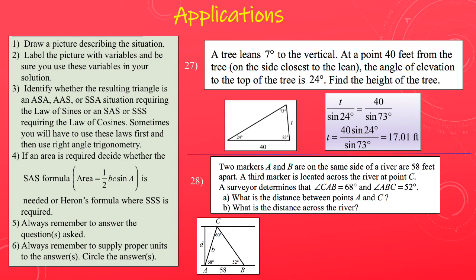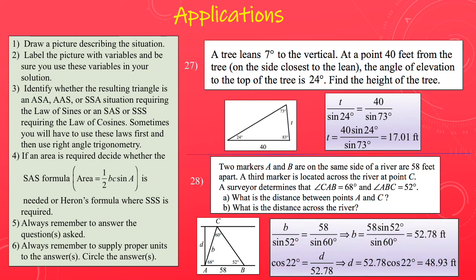We want to find the distance between points A and C, which is little b, and we also like to find the distance across the river, which is the perpendicular distance, and we will call that d. We can put that line of d anywhere we want to. I choose to put it on the far left.